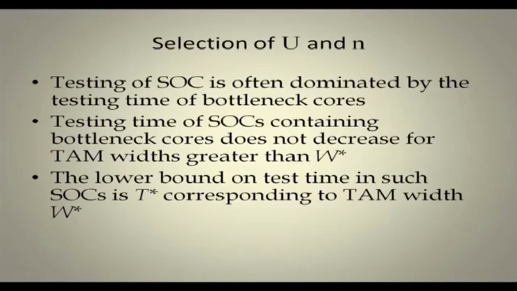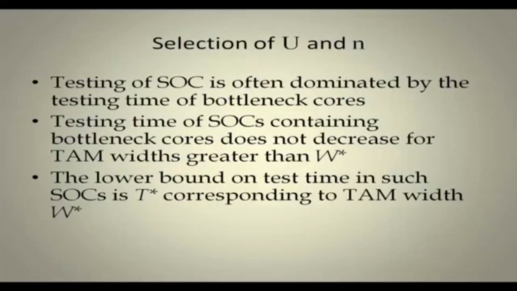That type of core is called a bottleneck core, because whatever test width is assigned to that core, its test time does not decrease. So the total test time of the SOC starts getting dominated by the test time of that particular core. The testing time of SOCs containing bottleneck cores does not decrease for TAM width greater than some value w star.